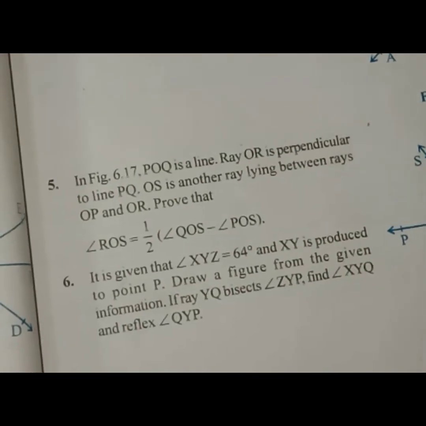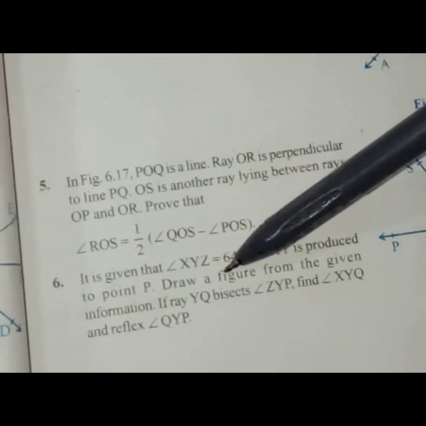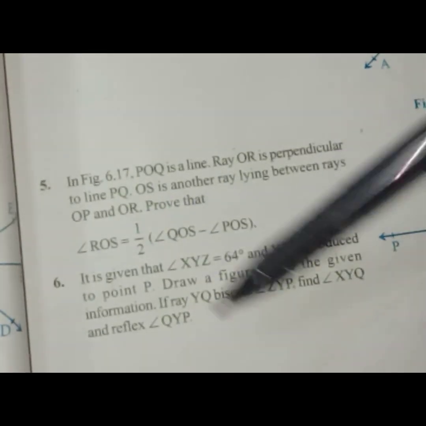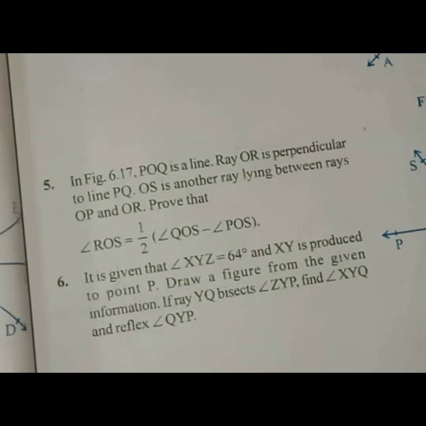Now coming to question number 6. It is given that angle XYZ is 64 degrees and XY is produced to point P. So we have to make a figure.